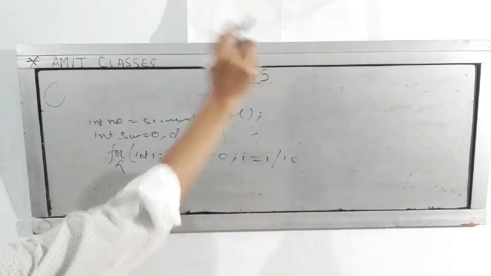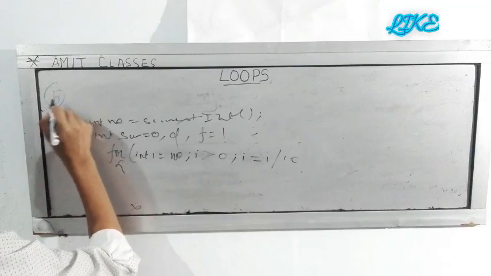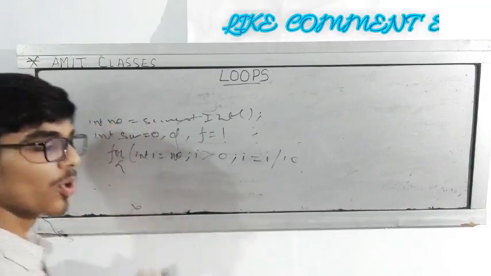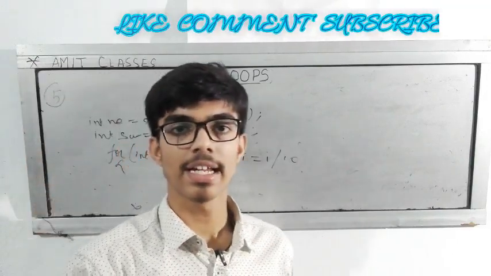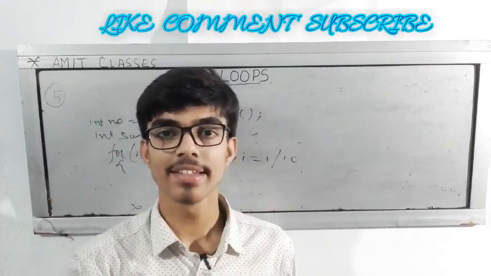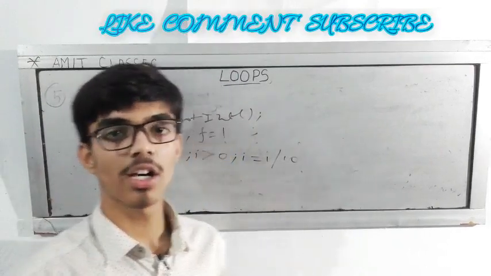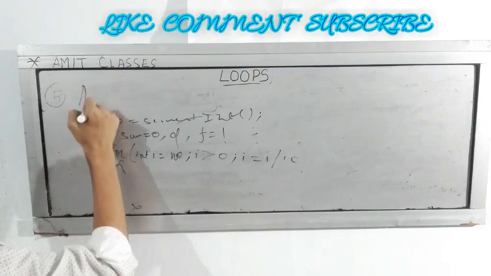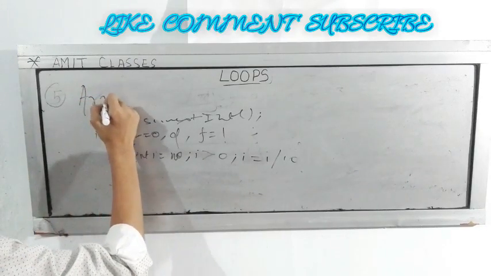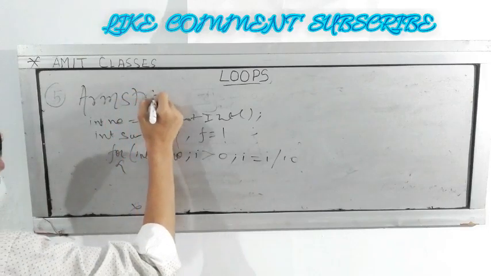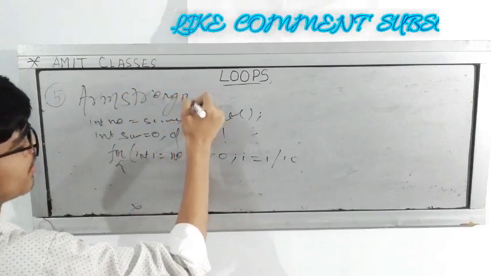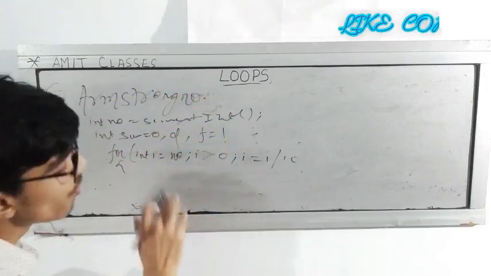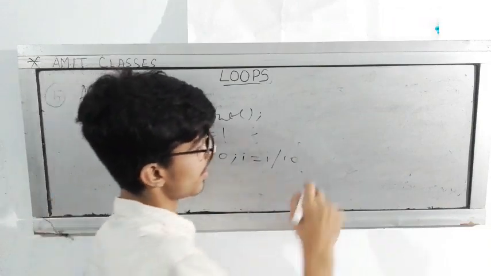Now moving towards question number 5, we have here, write a program to take a number and check whether it is an Armstrong number or not. So for this, first I will write the question, Armstrong number. So now what is an Armstrong number?